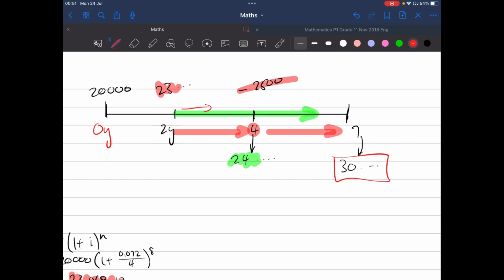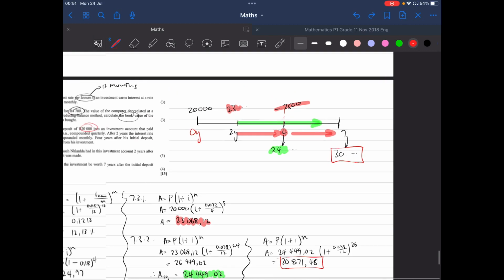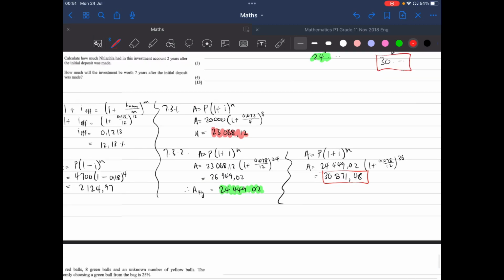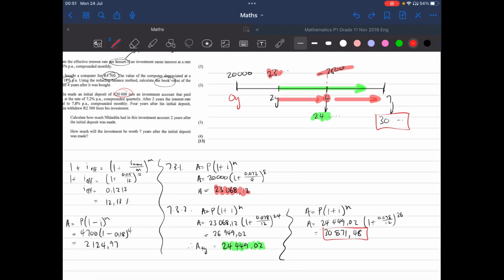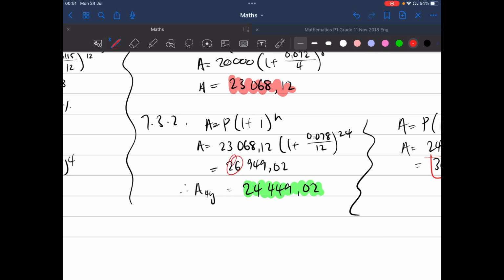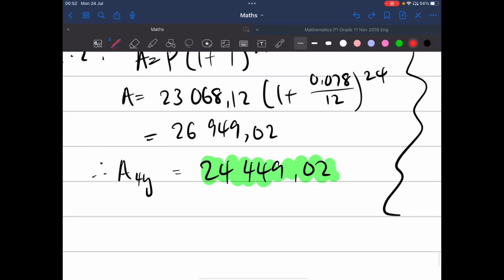Right. Now from this point onwards, we're doing basically 2 separate calculations because at some point at year 4 he withdrew some money. Okay. So from year 2 to year 4, that's 2 years, and we can calculate how much it grew by. So it grew from 23,000 and something to 26,000 and something, right? At that point, he decided to take out 2,500, okay? And that brought us to this value here.